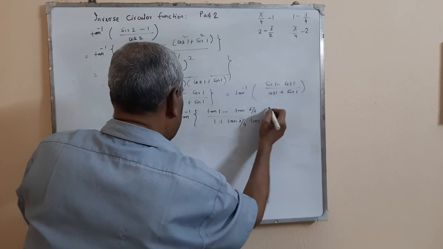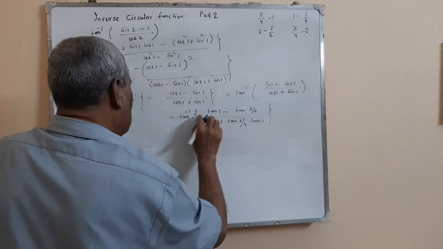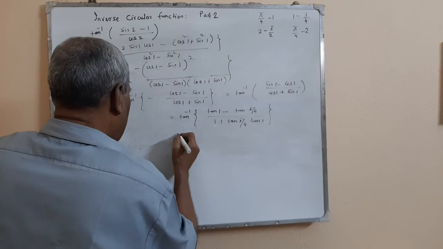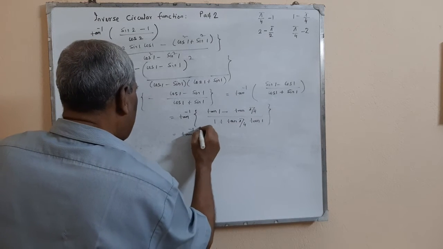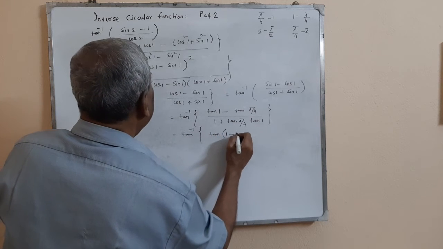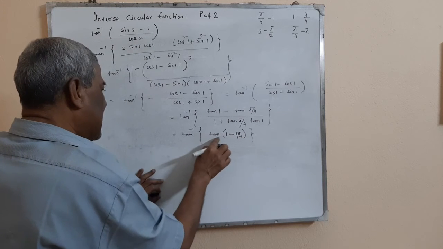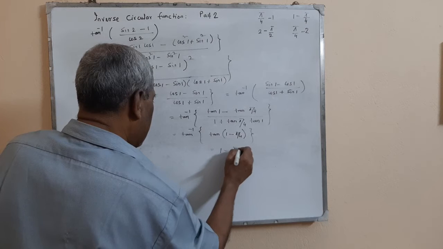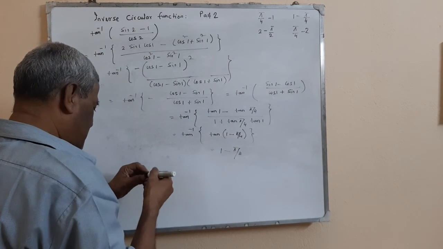Within the bracket it is tan A minus tan B by 1 plus tan A tan B, so that it is equal to tan inverse tan of 1 minus pi by 4. So tan inverse tan theta is simply 1 minus pi by 4. So the second option is correct.